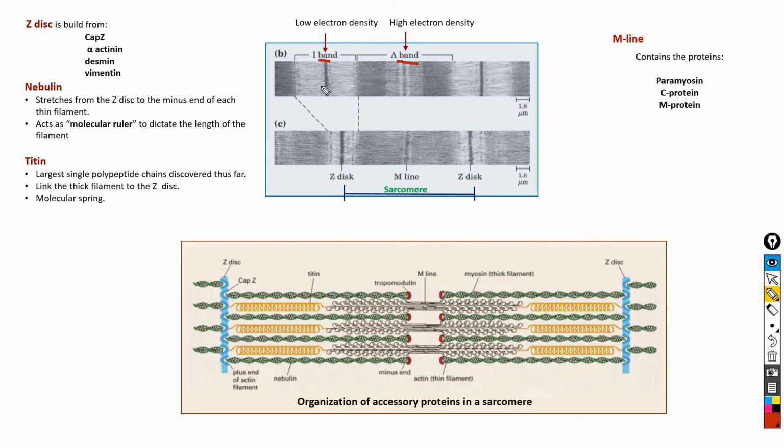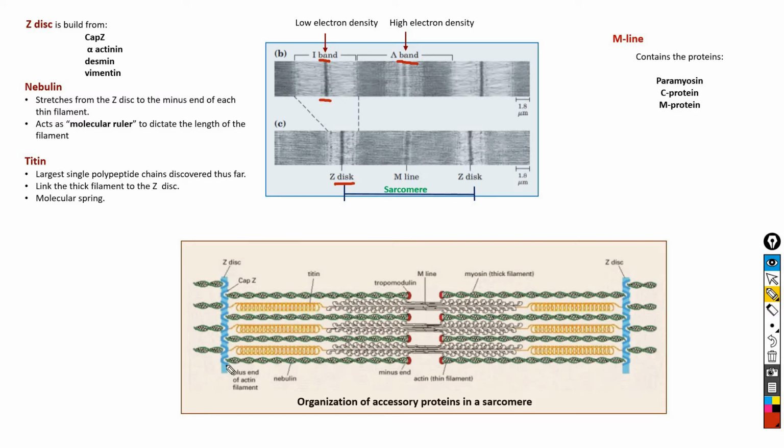The I band is the region of the bundle that contains only the thin filaments, whereas the darker A band includes the region where parallel thick and thin filaments overlap. As you can see here, the I band is bisected by a thin structure called the Z disc.